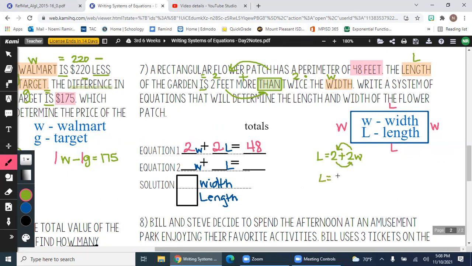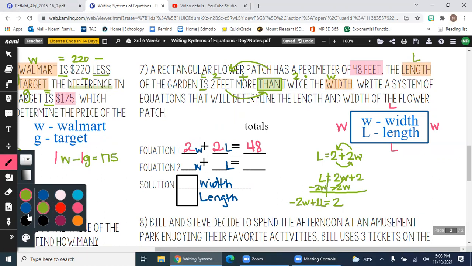So I'm going to move this to the front, move that to the back. It's going to equal 2W plus 2. You want both variables on the same side, so I'm going to subtract 2W. Now on this one, even though I moved 2W equals 2, width is in the front, so I need to make sure to put that negative 2W in the front plus 1L. And now we fill it in.